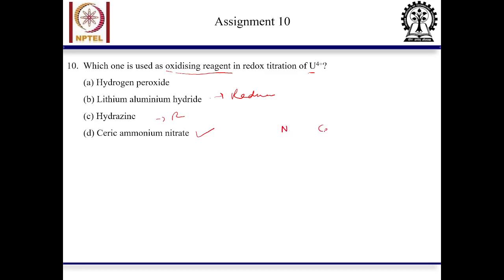Here cerium is in the 4 plus state. It forms a hexanitrato complex. You have 6 minus and 4 plus, so you have 2 minus, which is balanced by two ammonium ions. So this is ceric ammonium nitrate, with cerium in the 4 plus oxidation state.